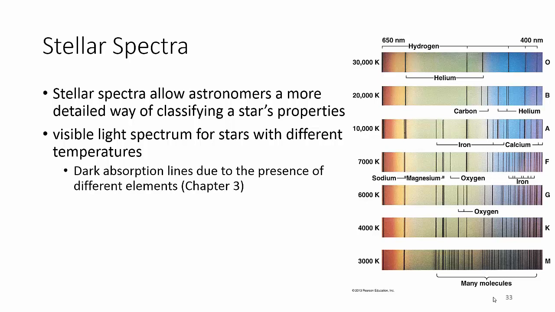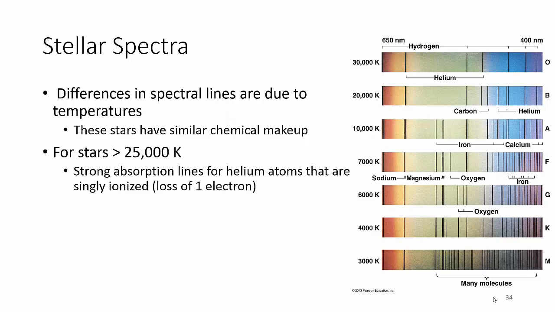So not only do the absorption and emission lines tell us composition, they also tell us temperature. What's kind of interesting in how that works is that stars greater than 25,000 degrees Kelvin are going to have long, strong absorption lines for helium. And you can kind of see that there, right?